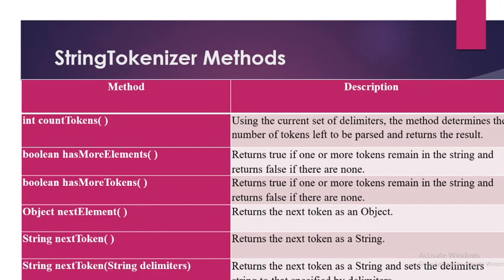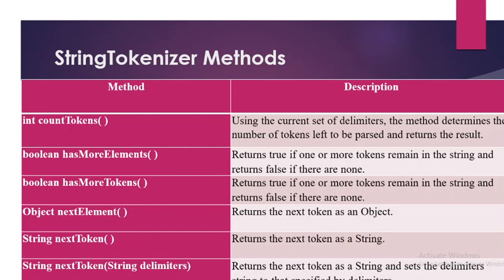With this StringTokenizer class, there are some built-in methods available which help with its functioning. So first, int countTokens. What we are doing here is, by using StringTokenizer, we will have one string, and from this string we are going to separate out tokens.